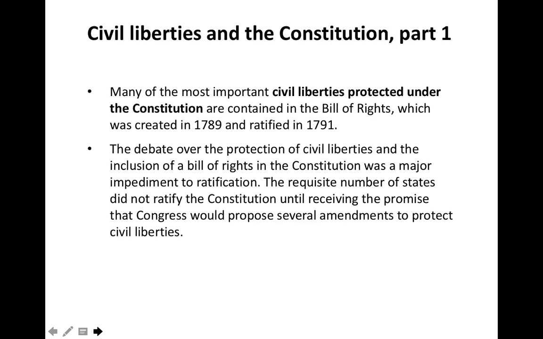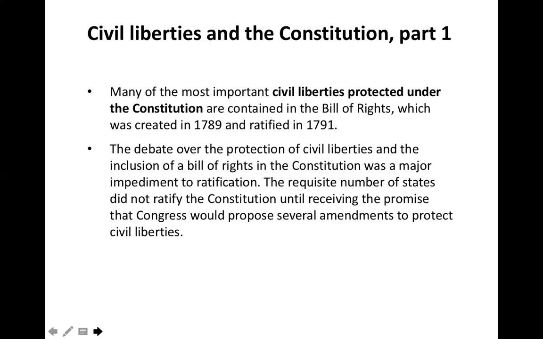So remember when we talked about the formation of the Constitution, one of the things that was important was the Bill of Rights. The Bill of Rights was created in 1789 and ratified in 1791. There was a debate over the protection of civil liberties and the inclusion of the Bill of Rights. It was a major impediment to ratification of the Constitution because they were trying to get away from England and the things that the king did.